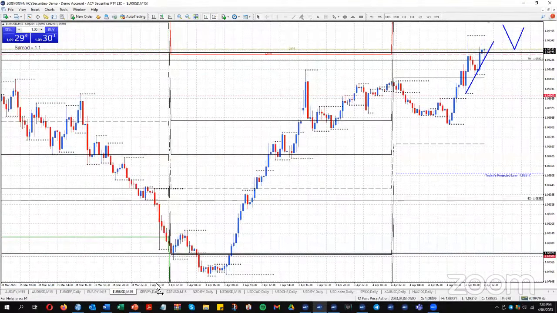Euro dollar. All right, stall. Just holding. It's not reversing yet, but it's by no means breaking above at the moment. We'll come back to that. We only need one negative candle to close and break below that trend line, and we're starting to get a reversal up there, aren't we?